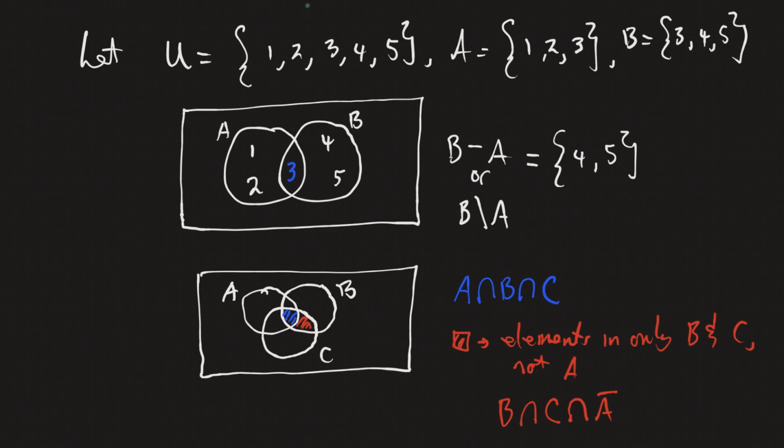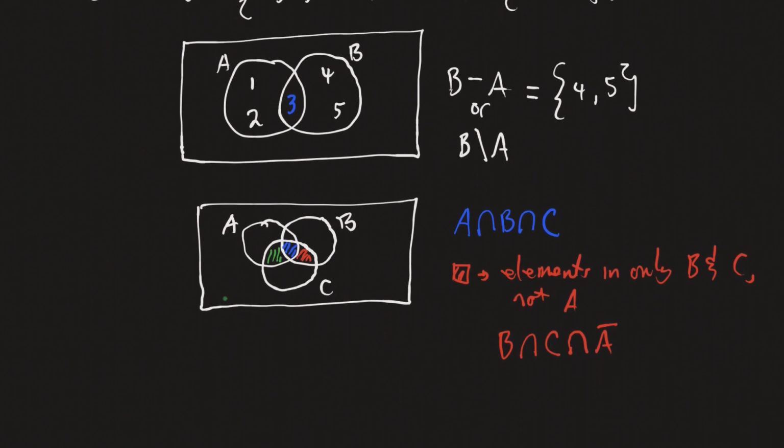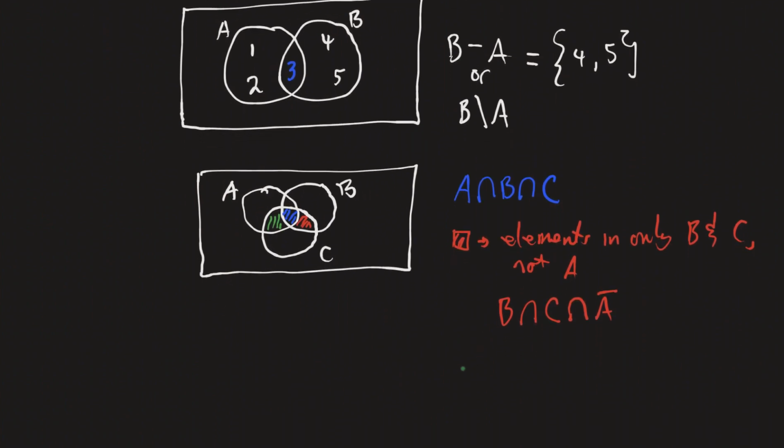Just to illustrate that concept some more, look at just that portion of the Venn diagram with the three sets. So this green region represents elements in A and C, but not B, right?